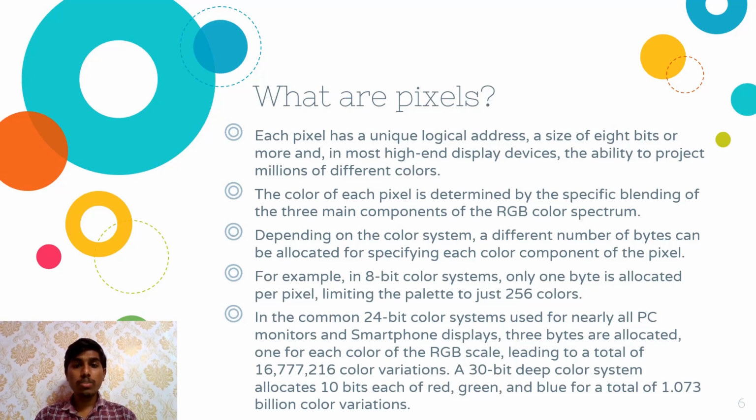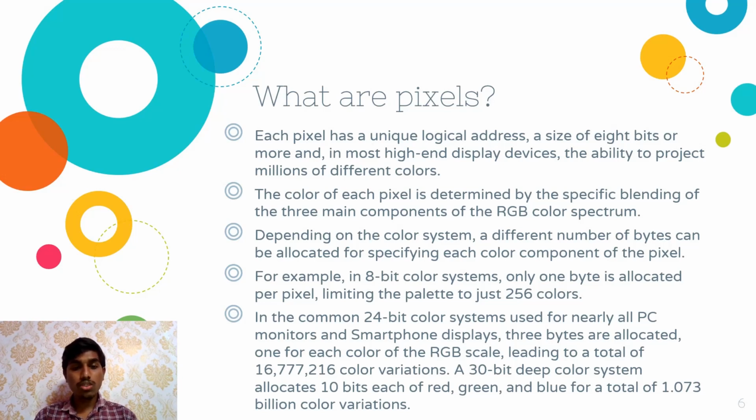The color of each pixel is determined by the specific blending of the three main components of the RGB color spectrum. Depending on the color system, a different number of bytes can be allocated for specifying each color component of the pixel. For example, in 8-bit color systems, only 1 byte is allocated per pixel, limiting the palette to just 256 colors.